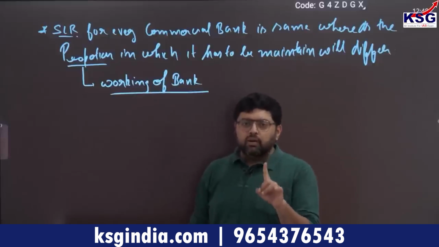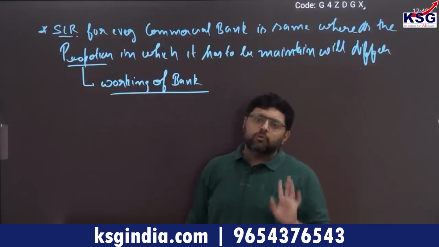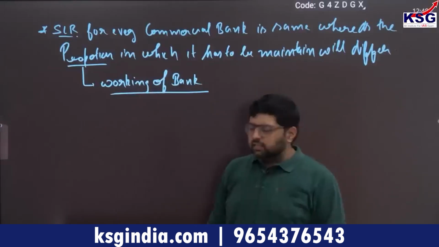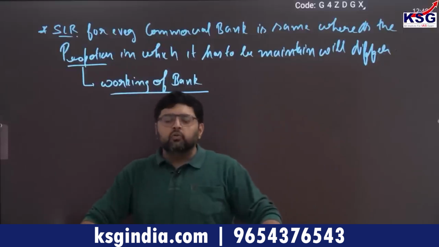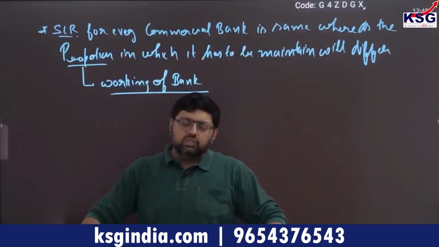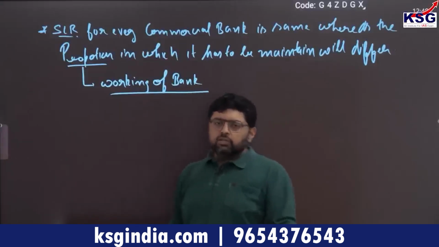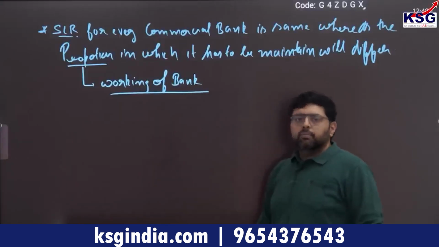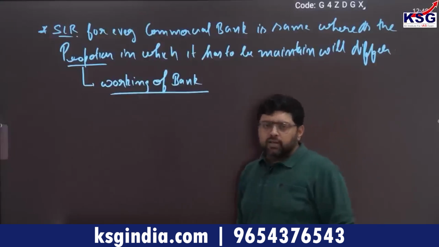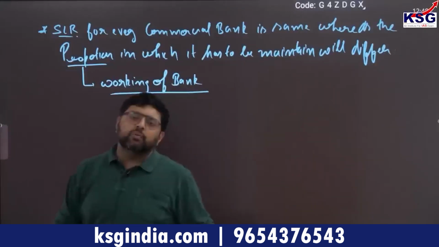If you are performing well, only then; otherwise it is the opposite. So every bank will prefer to keep very little amount in cash. Why? Because cash does not give any interest. That is why every bank tries to perform well, so that less and less amount has to be maintained in cash.